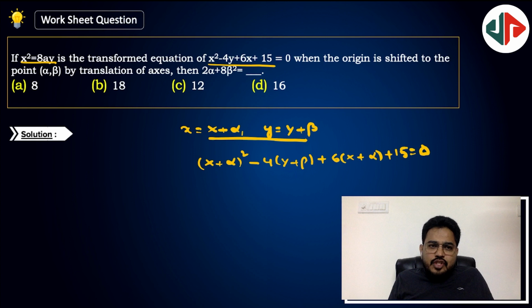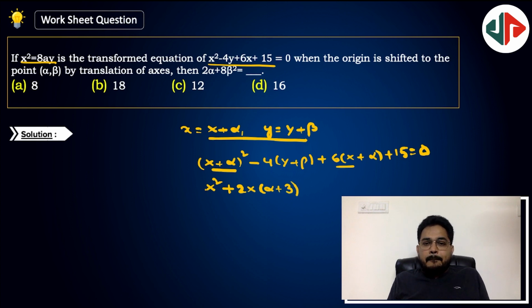Now this equation is X square plus 2 alpha X plus 6X. So if I take 2X common, alpha plus 3, minus 4Y plus alpha square plus 6 alpha plus 15 is equal to 0.